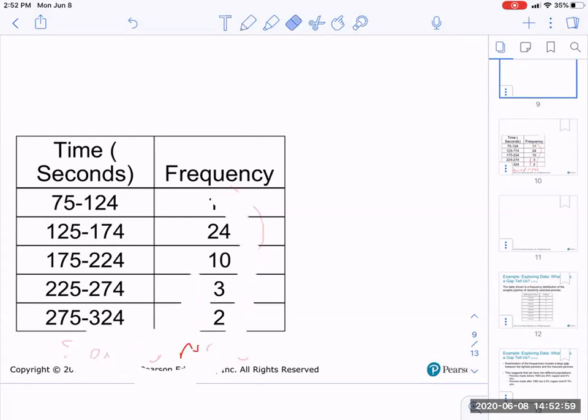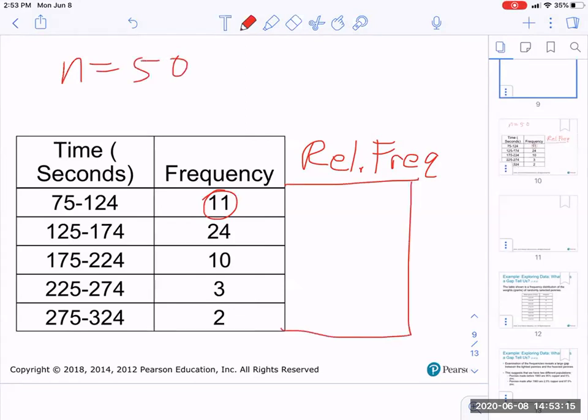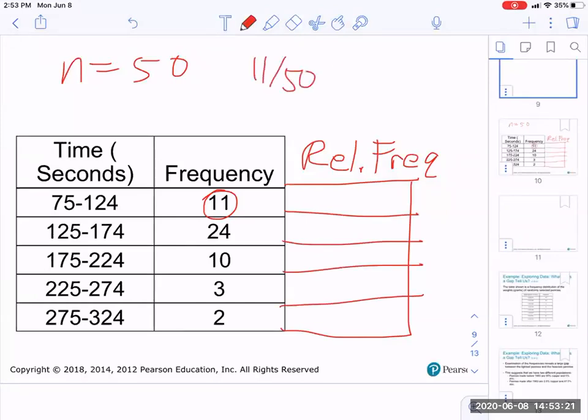Now I'm going to add a quick column here, the relative frequency, where I just take each one of these and I divide by n. We have 50 of them. So 11 divided by 50, for instance, is 0.22.